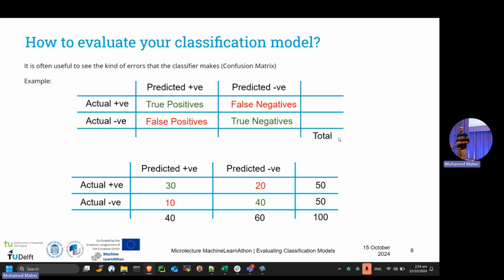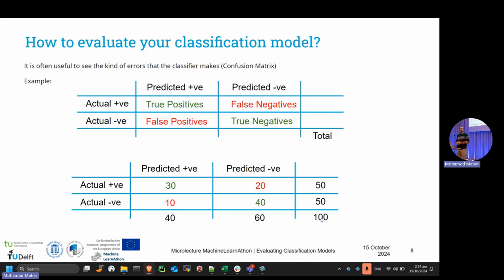And here we have the total number of instances, the total number of actual negatives, the total number of actual positives, the total predicted positive and the total predicted negative. This is an example for a model which has 30 predicted positives that were actually positives, so these are the true positives, 40 true negatives, 20 false negatives, and 10 false positives.